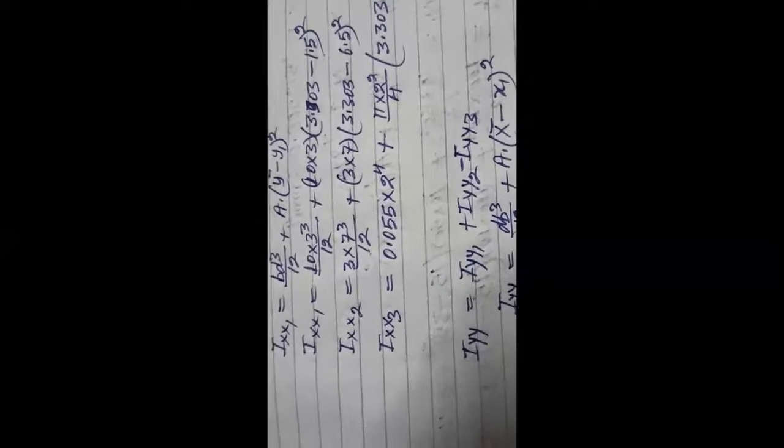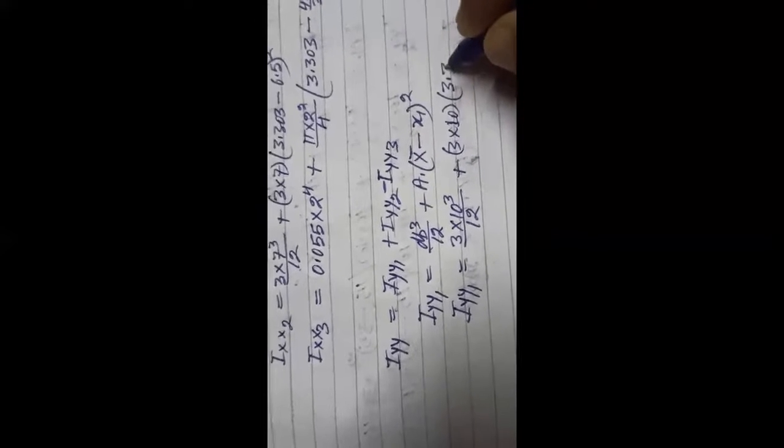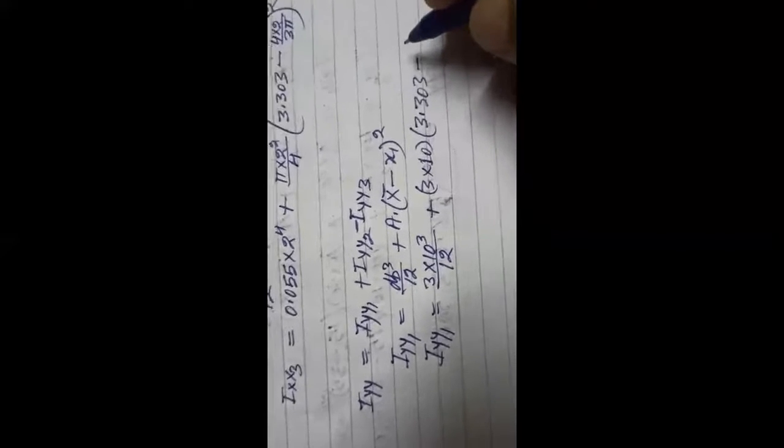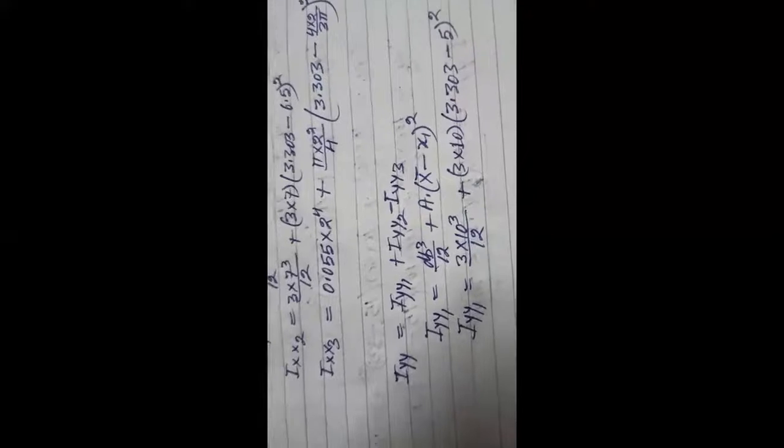Now interchange the sides. So 3 into 10 cube divided by 12 plus 3 into 10, the area, and this x bar is similar, 3.303, minus x1. x1 is 5, so this is 5 whole square.